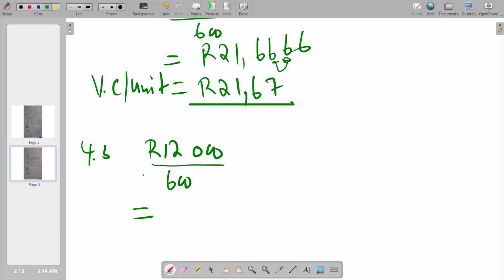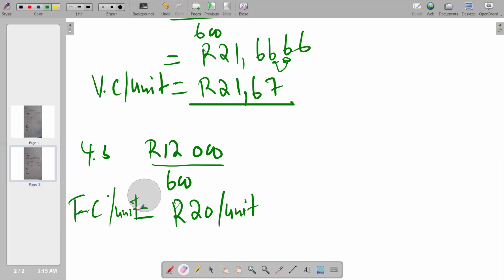You get your 20 rand per unit, which is a fixed cost per unit. So fixed cost per unit is equal to 20 rand per unit. So that's what we have on that part.